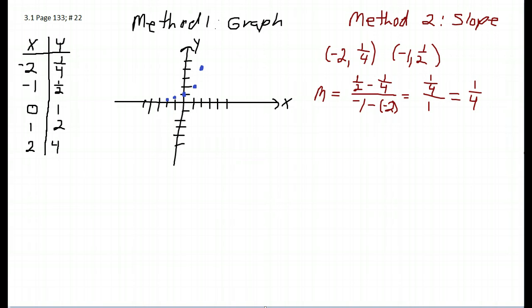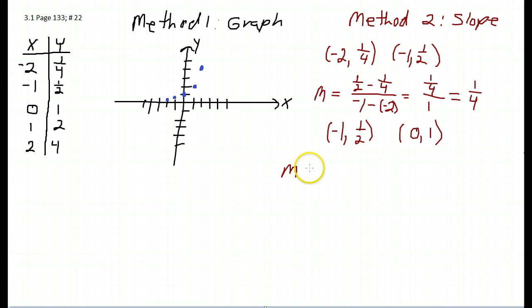The points I'm going to use for this next slope: I'm going to use the -1, 1/2. That will be my first point. My second point will be 0, 1.